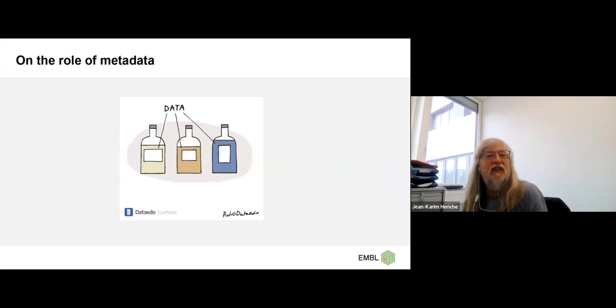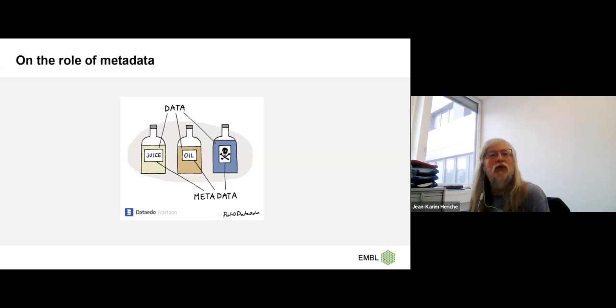So what does the metadata do? If you think about being in a kitchen and you're looking for some oil for preparing your dish, and you have a bunch of bottles, of course, you could look at the color and make an educated guess about what the bottle of oil is.